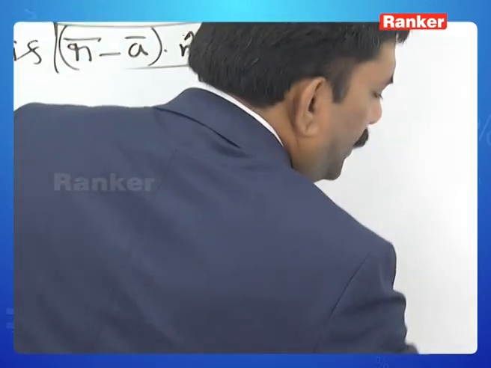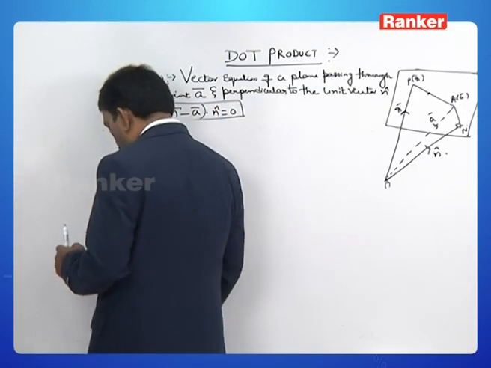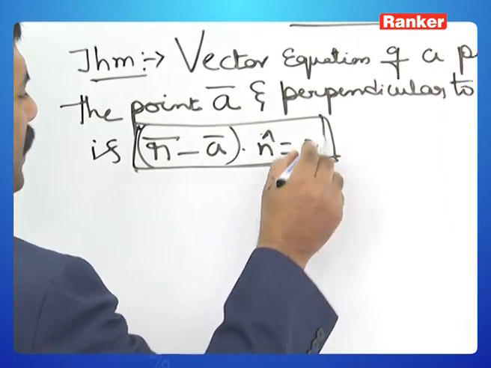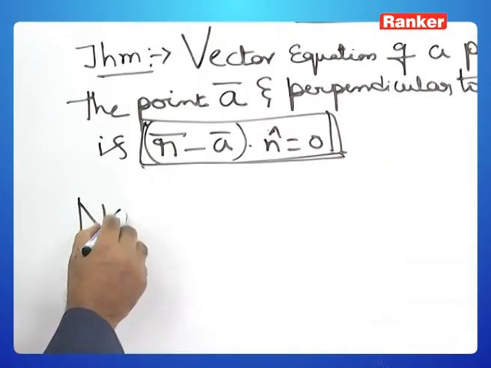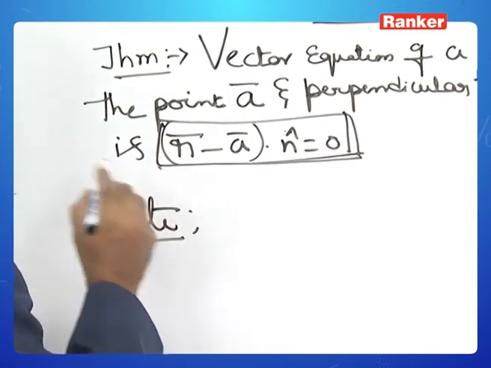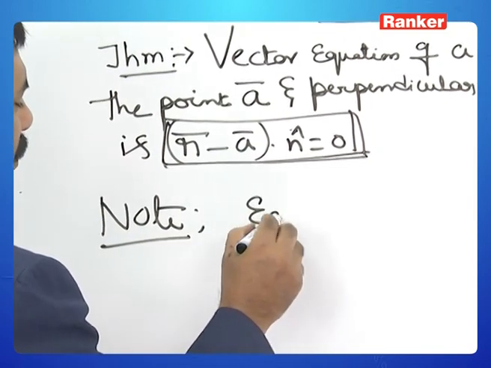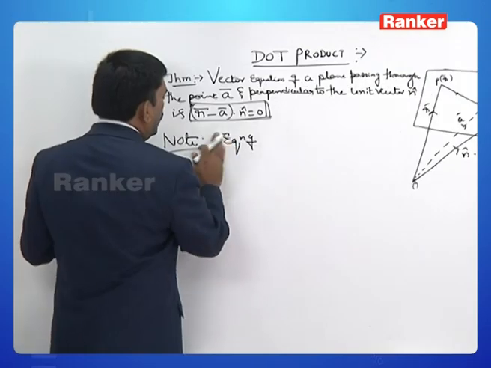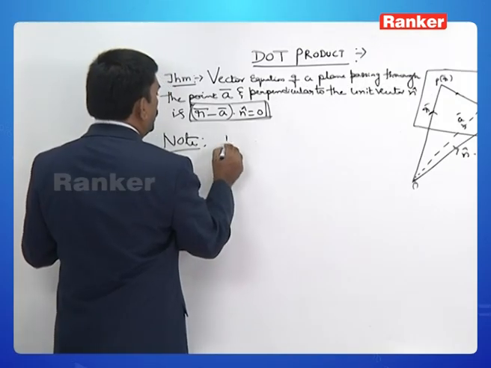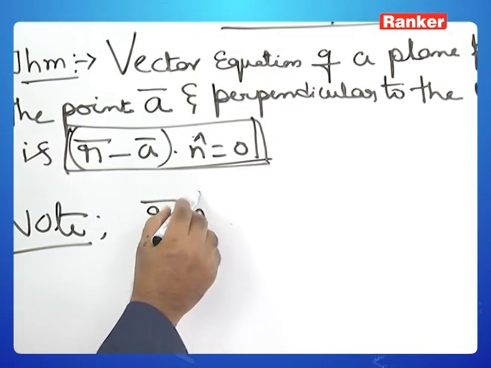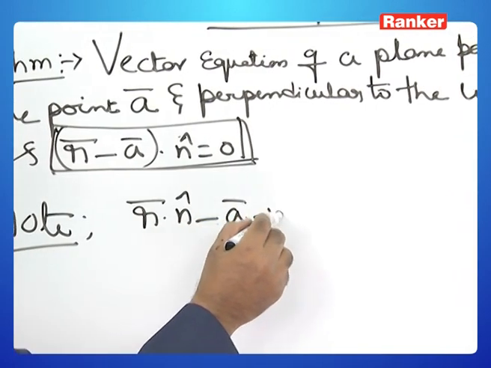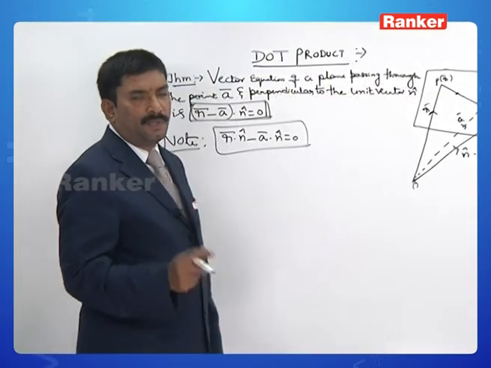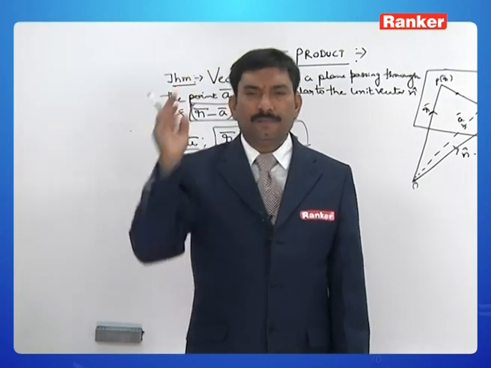Now from this, we have good applications in the examination, a good questionnaire will be there, very logical and skillful. Note the equation of plane, or else directly from this I can write R bar dot N cap minus A bar dot N cap is equal to 0.